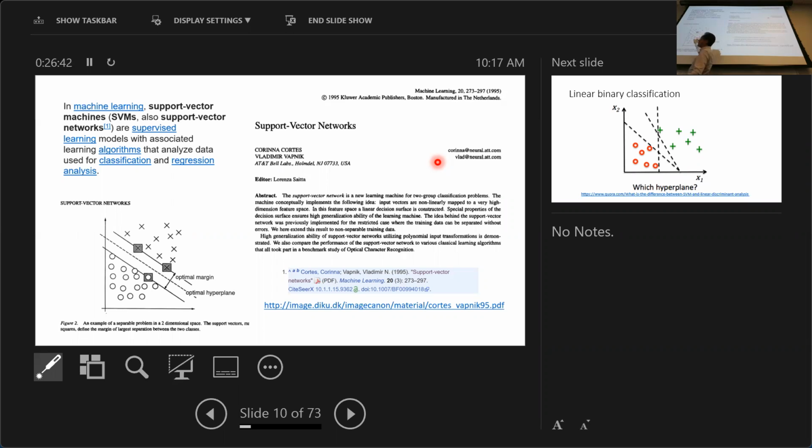What are those points? Those points are the most informative points that can be used to separate the classes. This one is the closest data point to the other class. This one is the closest data point to the opposite class. So those are key points. This is called a support vector.